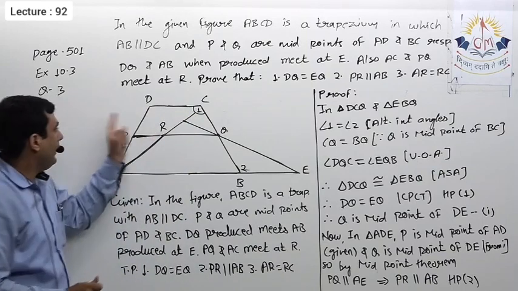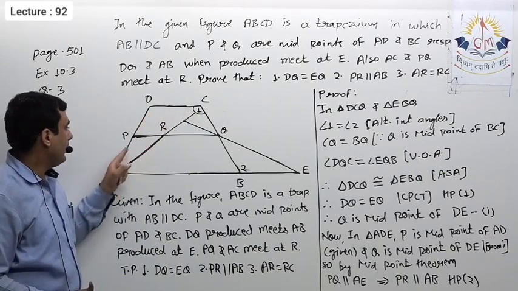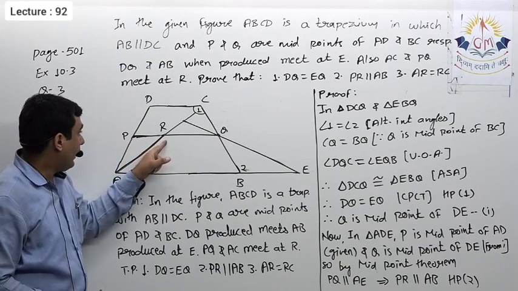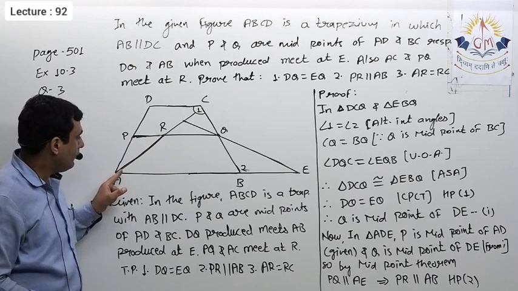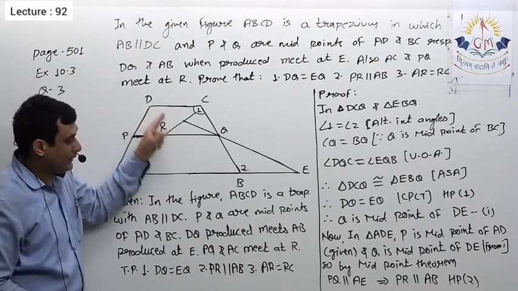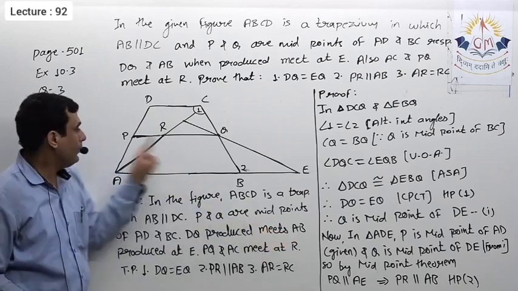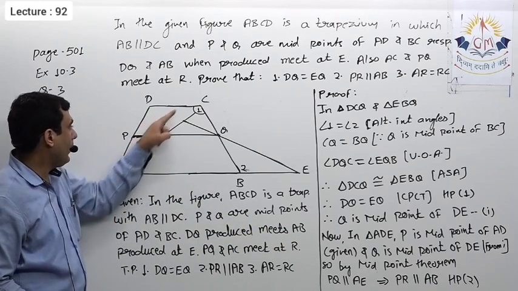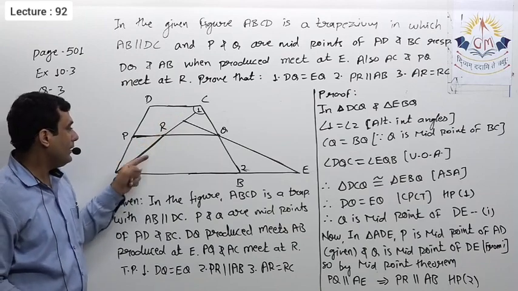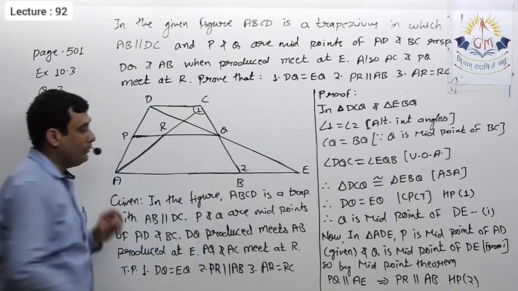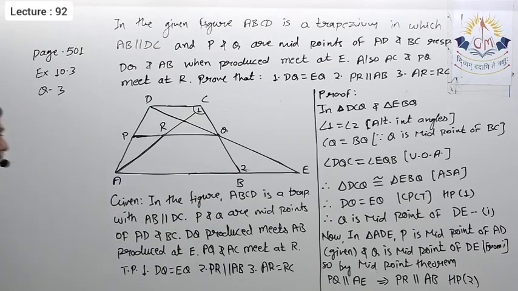In triangle ADC, P is midpoint of AD, that is given, and PR parallel DC, as PR parallel AB, so obviously PR parallel DC. So by converse midpoint theorem, R will be midpoint of AC, so AR equal to RC. So please note it down, then I will give you the remaining solution of this.